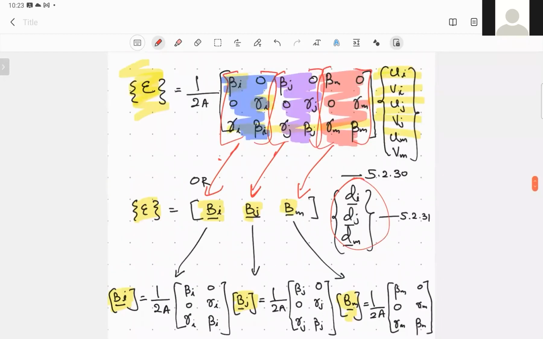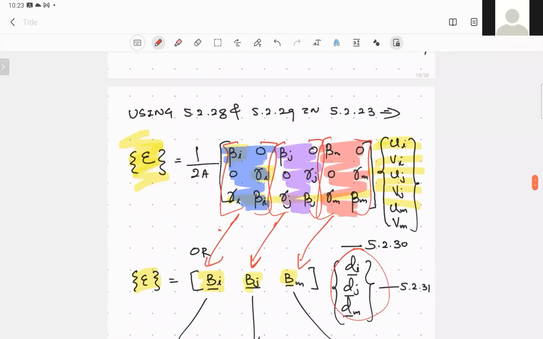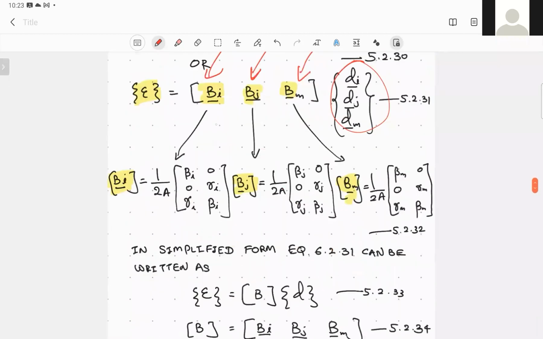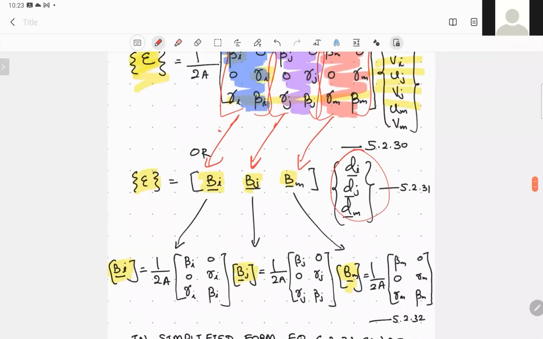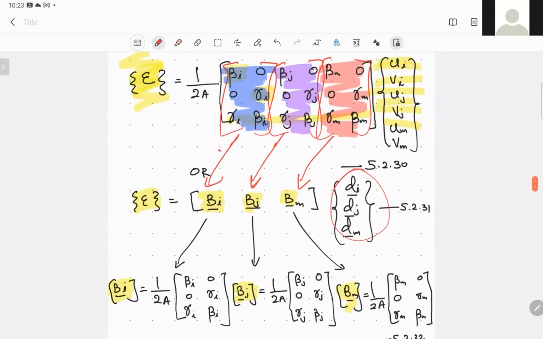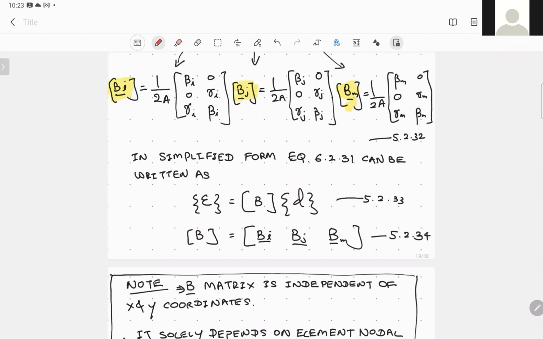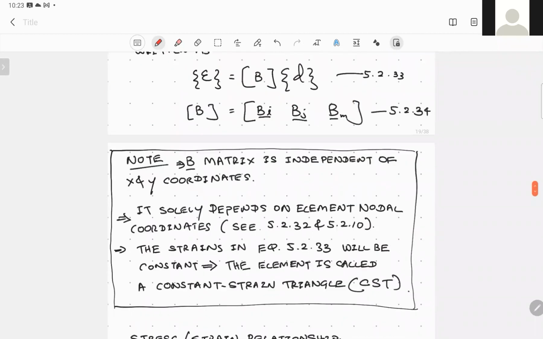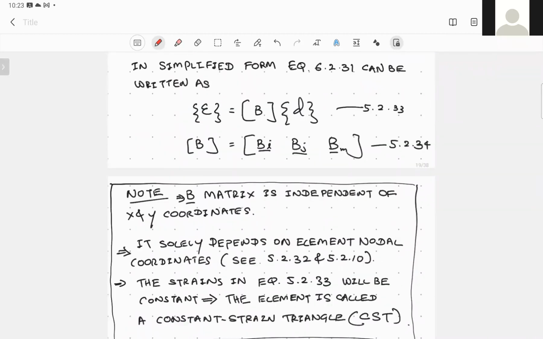So the corresponding components, of course, for BI, BJ, and BM can be written. Just a note on the B matrix. You may have realized now, this is nothing new. I have used a certain set of terms in order to define another set of terms.